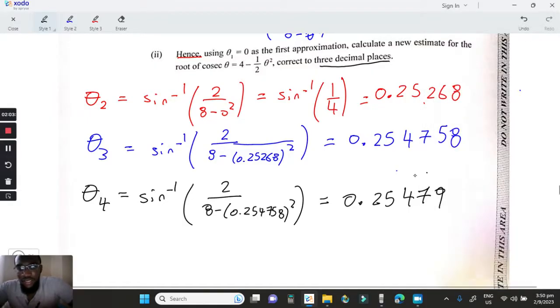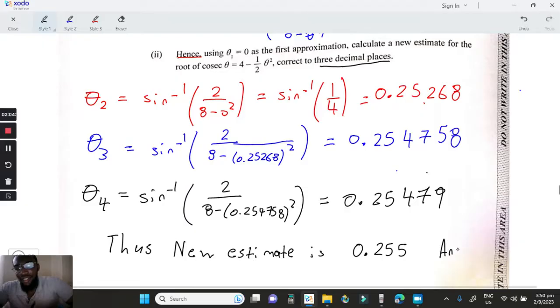Now notice we got these two to be the same. So now we can round off and say thus the new estimate is 0.255. That's your answer to 3 decimal places. Because now we get the first 4 to be in common, but we have to round it for 3 decimal places.